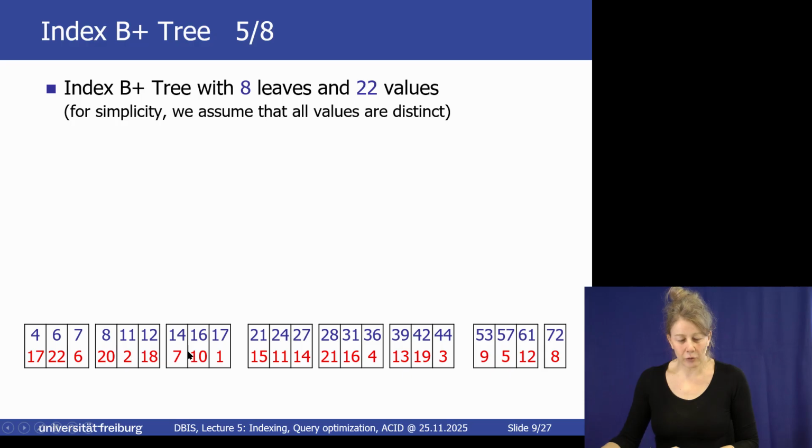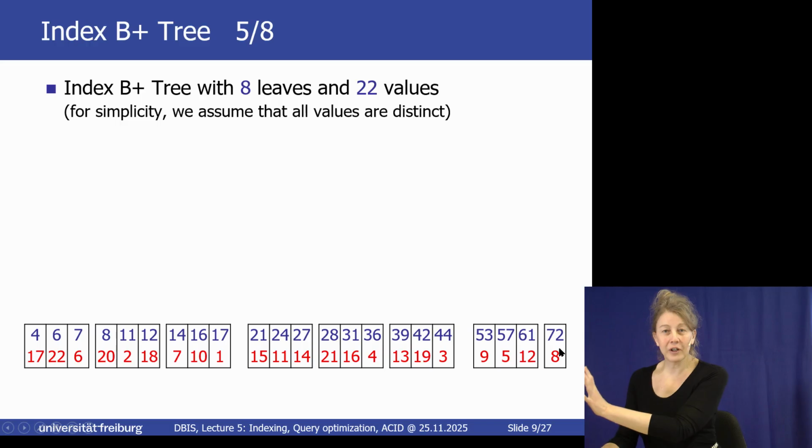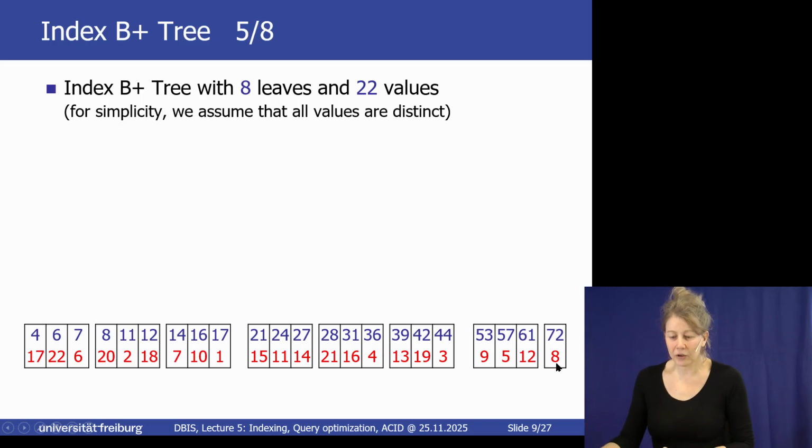I have 1, 2, 3, 4, 5, 6, 7, 8 leaves. Of course, it does not have to be divisible by 3. So here I have one which just has 1 and not 3. This can happen. For simplicity, let's just forget for now what happens if I have the same number here. I will briefly come back to it in the end.